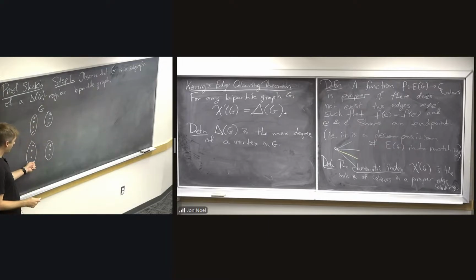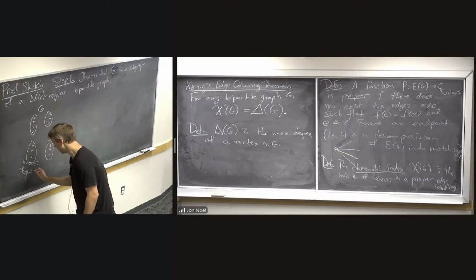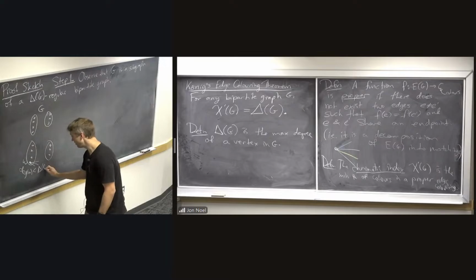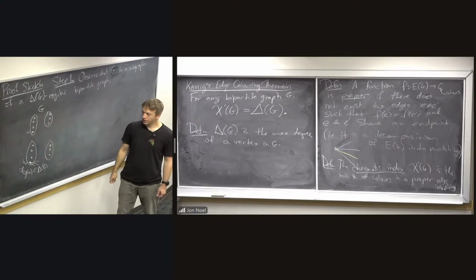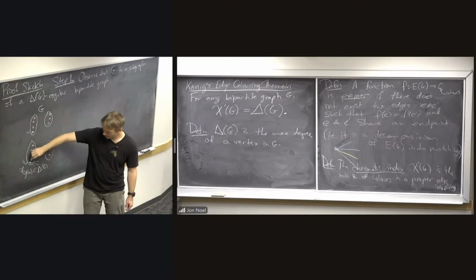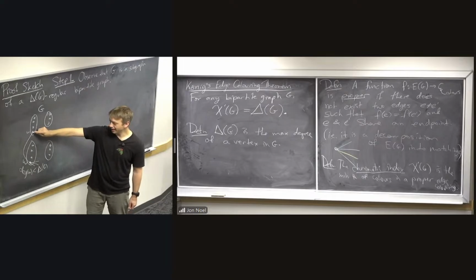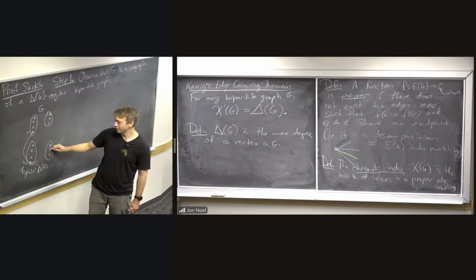And then if I have a vertex, let's call it W, which has degree less than capital delta of G, what I could do is, for all such vertices, join it to its twin in the other copy, and do that for all of them. So if this one has small degree, I join it to its twin up here.